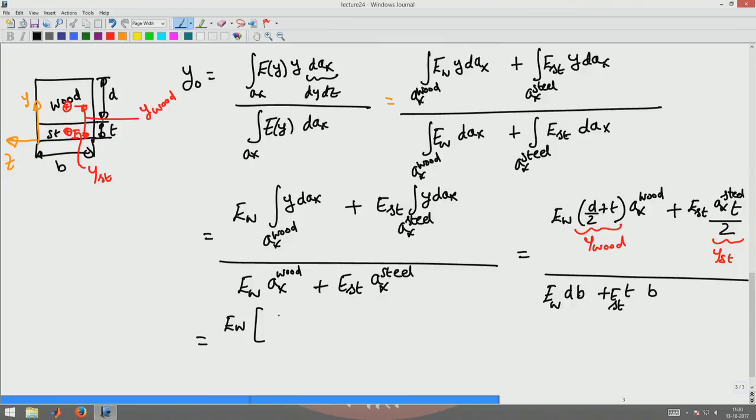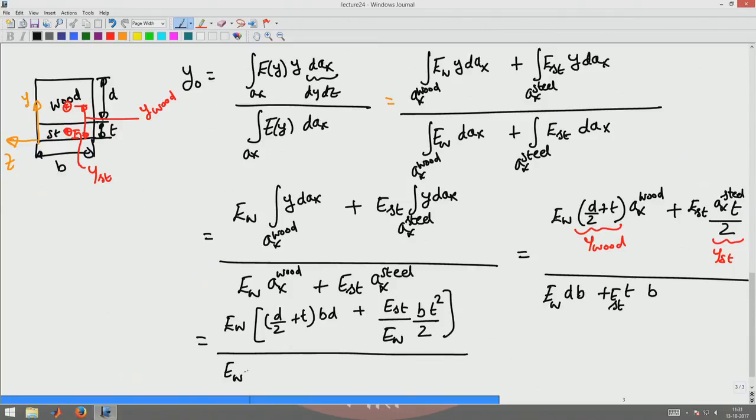So, I will get d by 2 plus t into the area of wood, b into d, plus E steel by E wood into b into t square by 2, divided by, again if I pull out E wood, d plus E steel by E wood into b t.